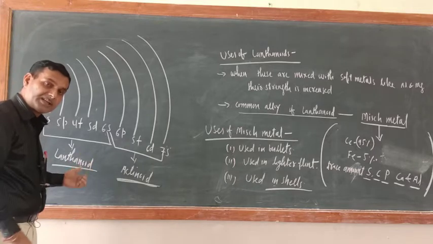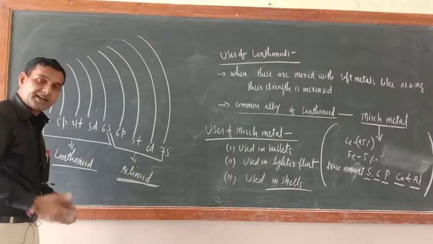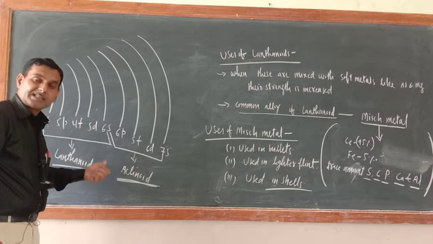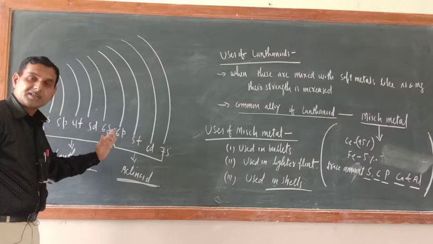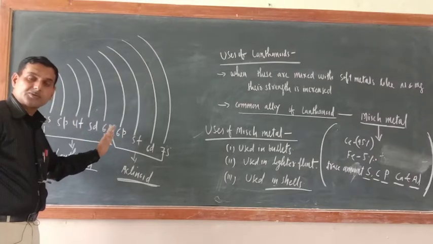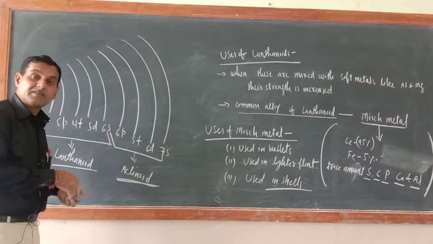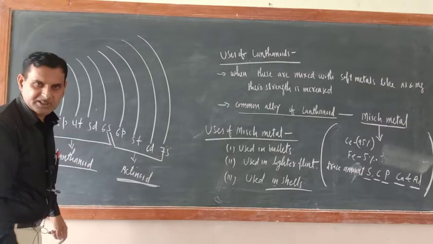I am comparing the lanthanides and actinides. What about the actinoids? Just see, their subshells are away from the nucleus, so they are not attracted toward the nucleus and their electrons are free. So they will show a wide variety of oxidation states.